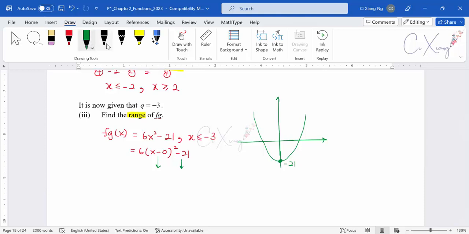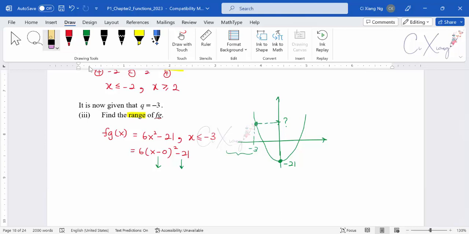And for our domain given in this question, they are looking for x smaller than or equal to negative 3. So we want to know what the value is when x is negative 3, because we are interested in this part of the graph only, right?